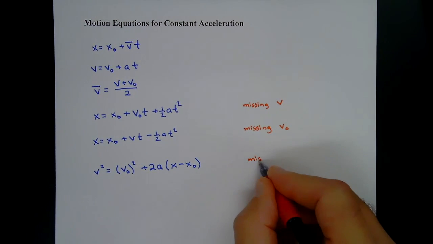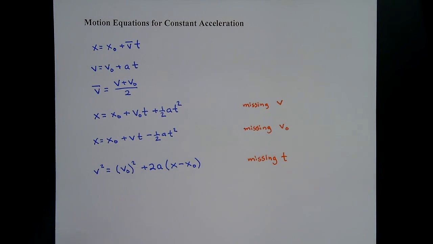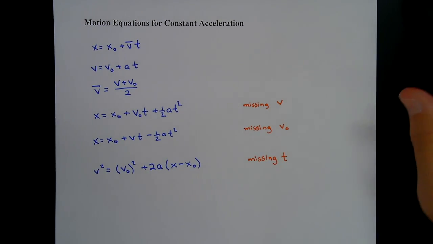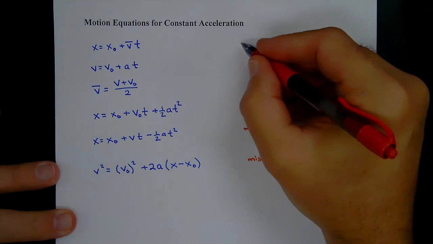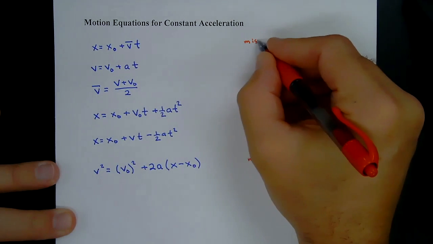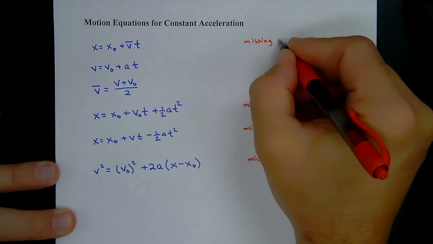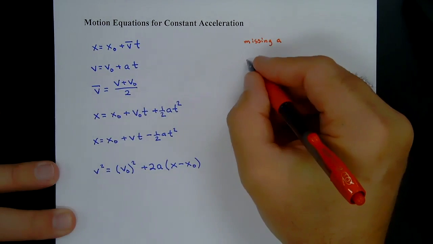You're not given t, and you're not trying to find it. And also up here, I didn't do these off the get-go, but this very first one is missing the acceleration. So it's missing A, and then this one is missing an X.